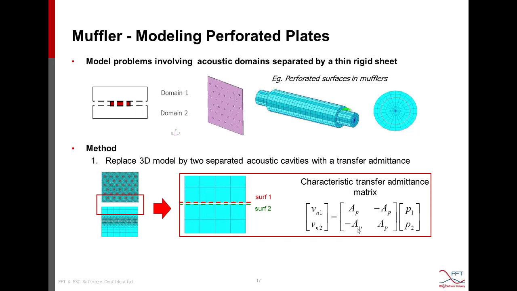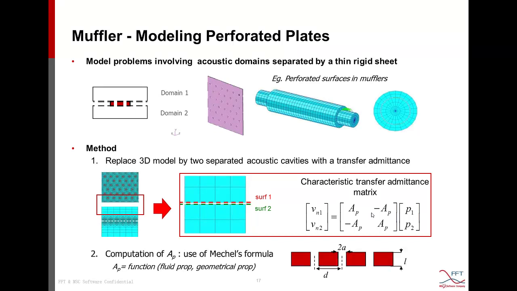For example, if we have the distance between the holes, the thickness of the plate, and the fluid characteristics, we could calculate this admittance matrix. So there's a utility in Actran also to calculate this admittance matrix, which is really handy for simulation work.